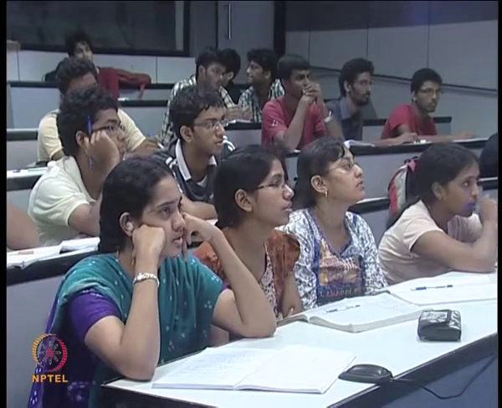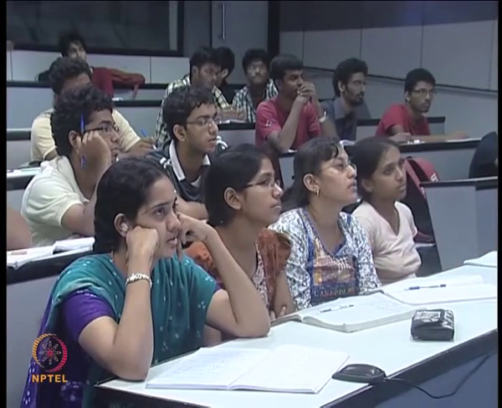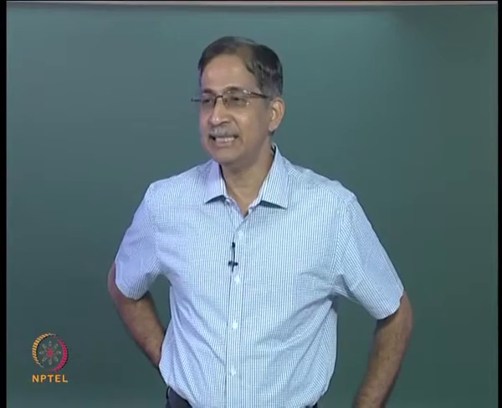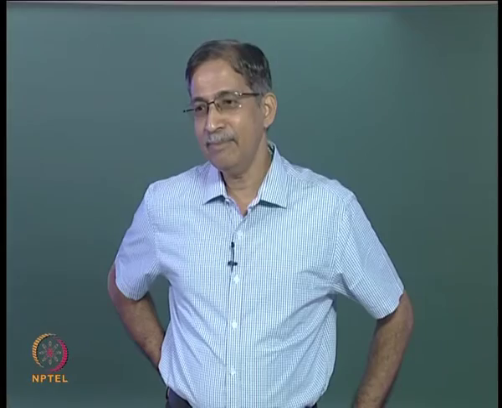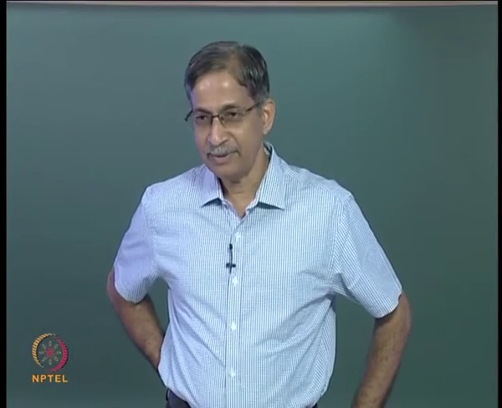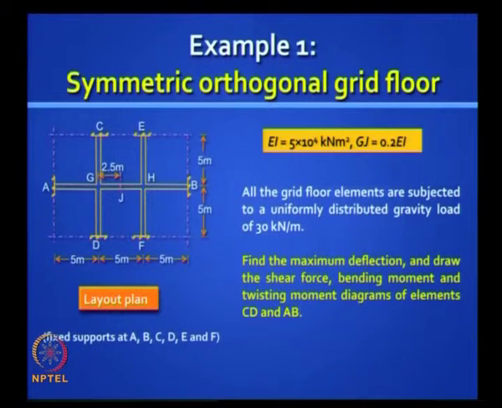AB, because you can see that DG and GC are going to be acting like mirror images. So there can't be an angle of twist along the direction AB vectorially, but CGD can twist.